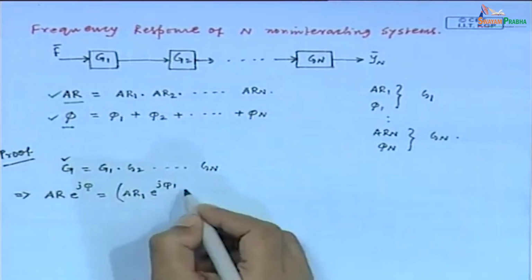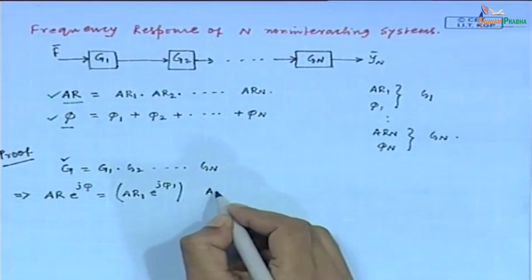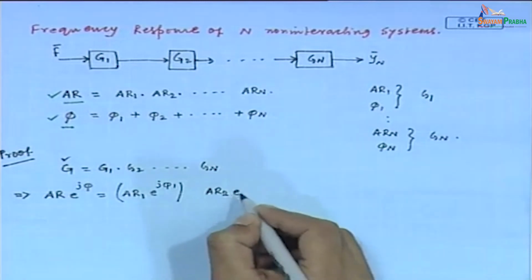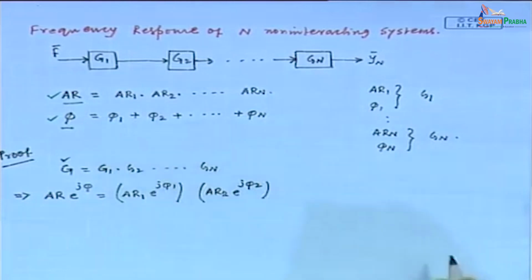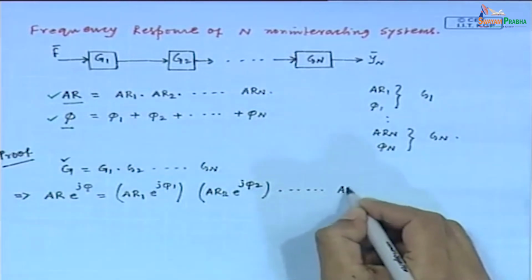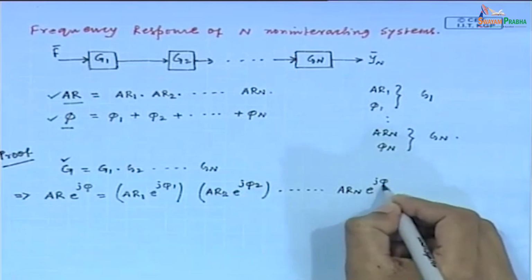For G2 similarly we can write amplitude ratio 2 exponential j phi 2. In this way G n becomes amplitude ratio n exponential j phi n.